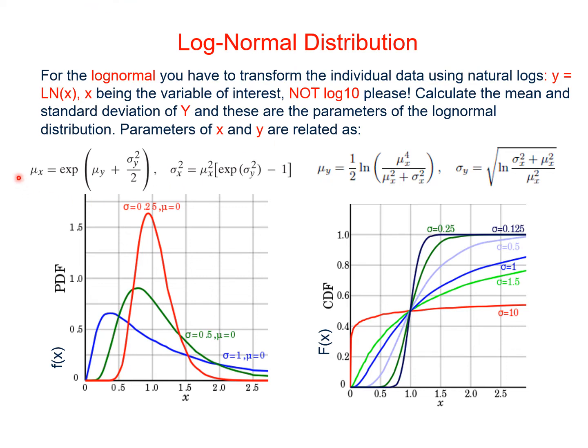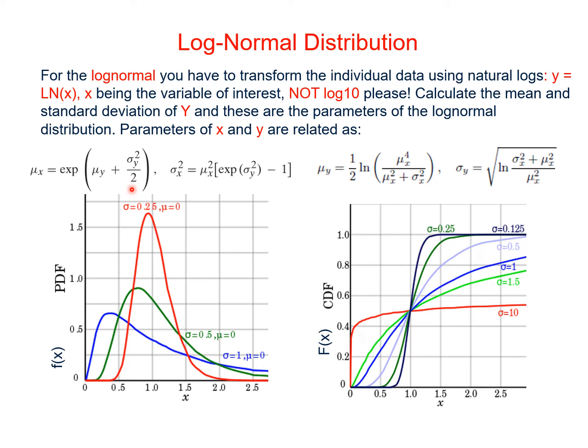But if you have only the mean and standard deviation of the data, but you don't have the whole data, or you don't want to use the whole data, you can calculate the mean and standard deviation of the log transformed data directly. Okay, so you don't need the entire set of data.